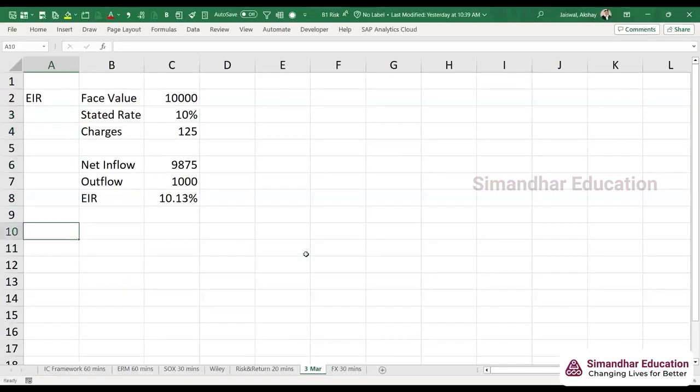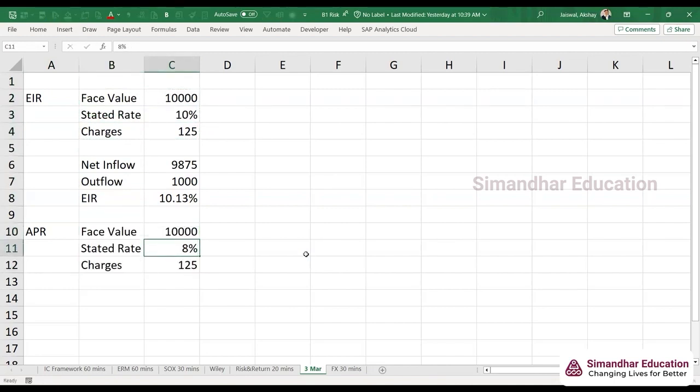Next is annual percentage rate. A similar example, let me note it down. This is the better example where you will understand better. The stated rate is 8%. We are going to first calculate the net inflow and outflow. It will not be 8% because here the payment period is semi-annual. What is meant by semi-annual? We will be paying it twice in a year, so 6 months divided by 12 months, 4%.